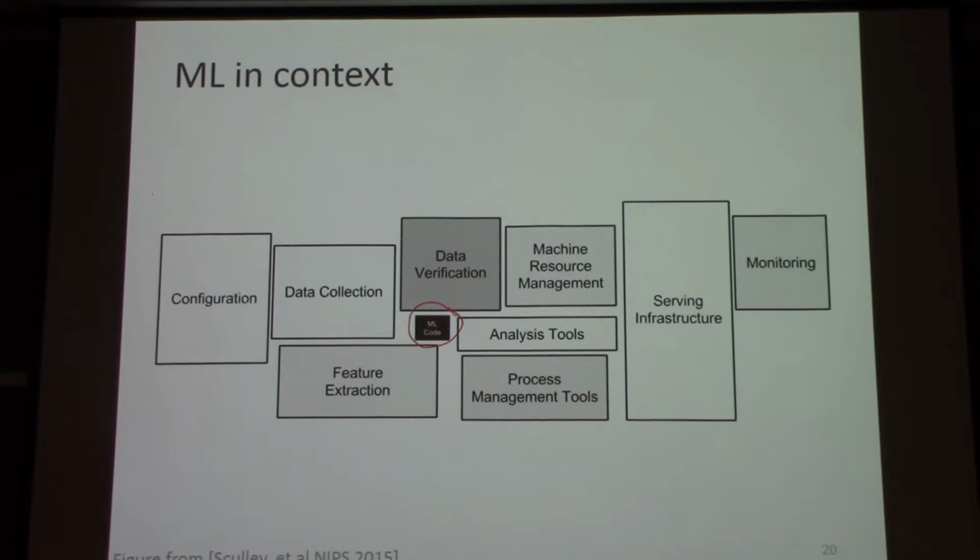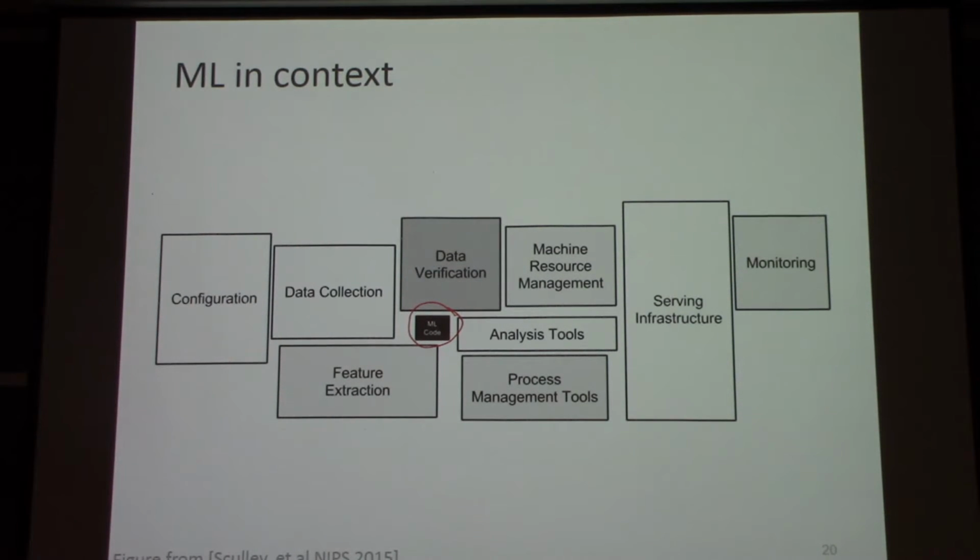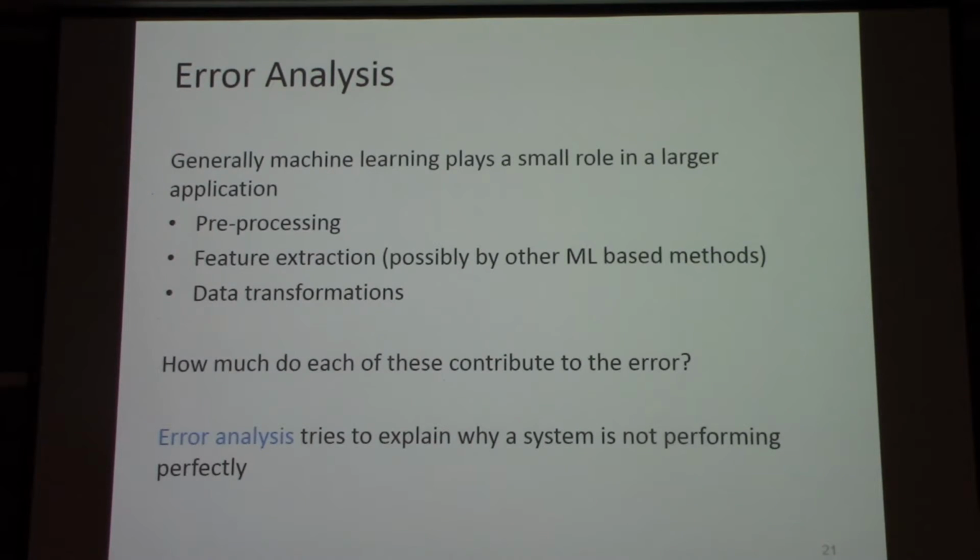Like you have your infrastructure, you have the feature extraction going on, you have data collection, sometimes you might have monitoring and some client server stuff and presentation, visualization, analysis and all these things. And the learning algorithm itself tends to be a tiny, tiny piece of this. So if you want to actually analyze how the entire system is doing, you might want to tease apart the contributions of each of these pieces.